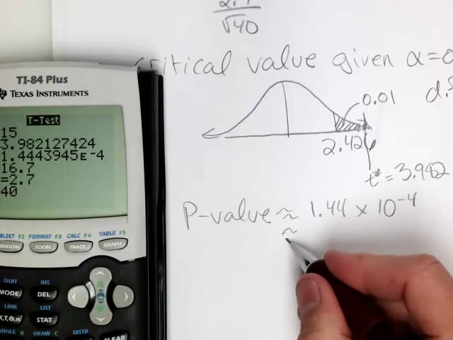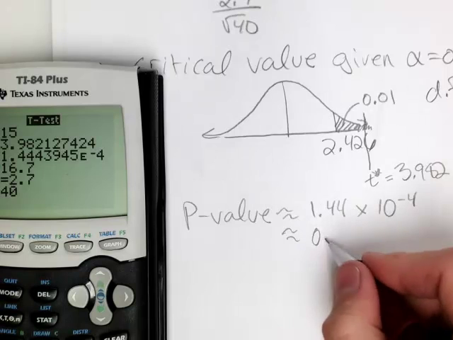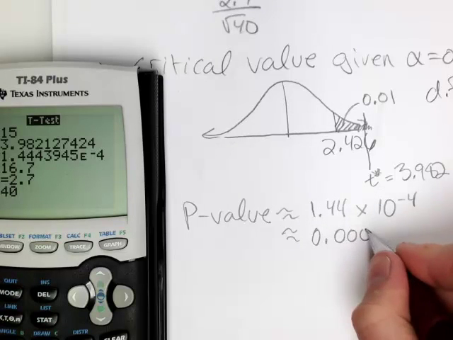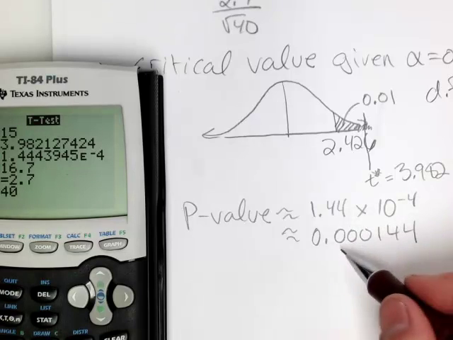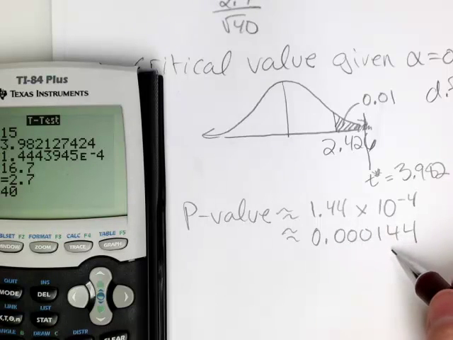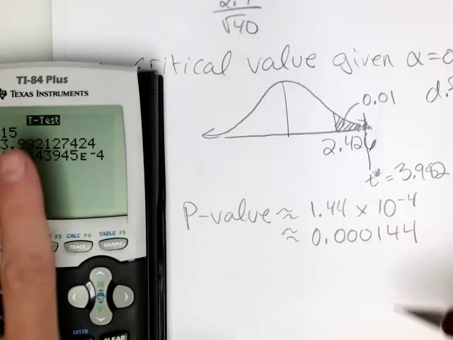Okay, so if we wanted to write that in non-scientific notation, I would put 3 leading zeros here and then the 144. Okay, so notice this is an extremely small p-value. So in other words, it's not likely to have observed a sample mean of 16.7 by chance alone.